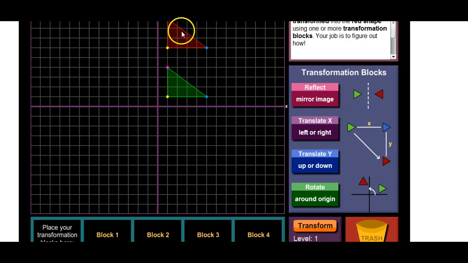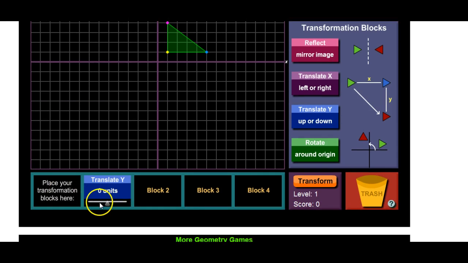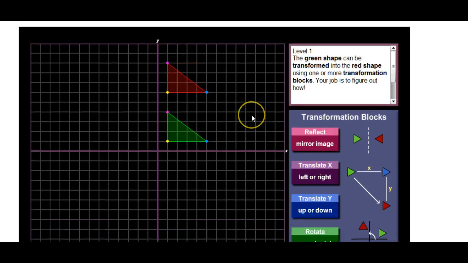So was it reflected, translated on the x-axis, translated on the y, or was it rotated? They'd have to drag the box down to the bottom, and then they'd also have to determine how many units it was translated down.